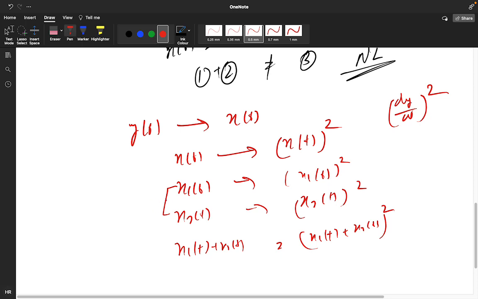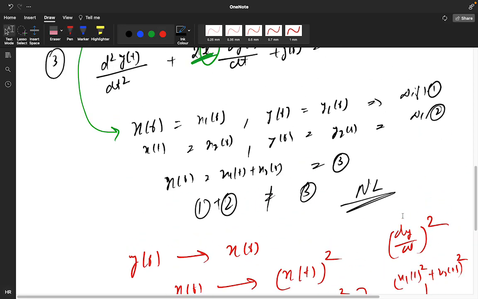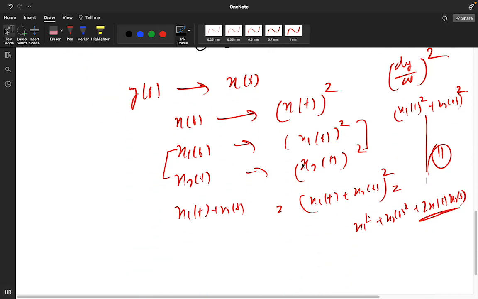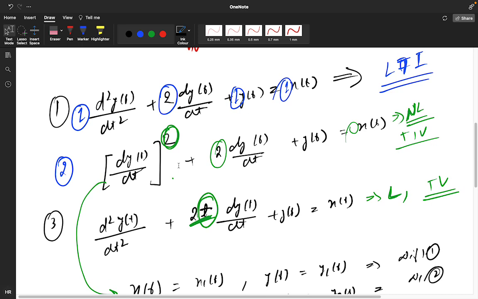When you add the two, you get x1(t) square plus x2(t) square, but here you get x1(t) square plus x2(t) square plus 2 x1(t) x2(t). An extra term is coming and these two are not equal. That's why this is non-linear. In a simple way, whenever you get squares like this, a non-linear system will come.